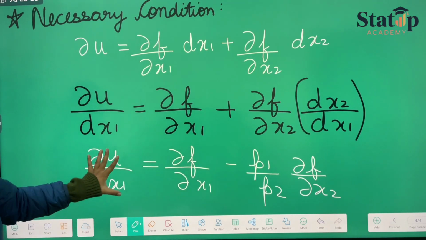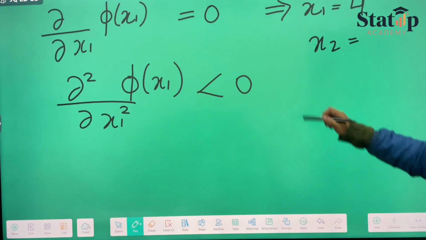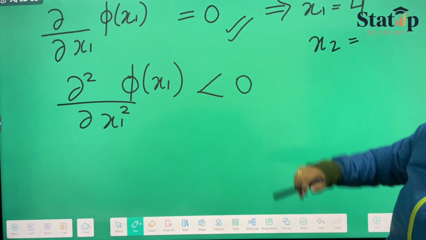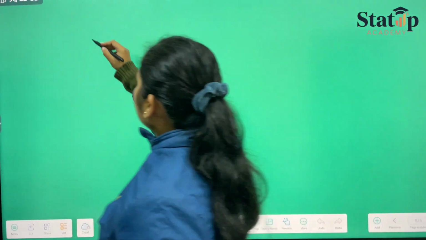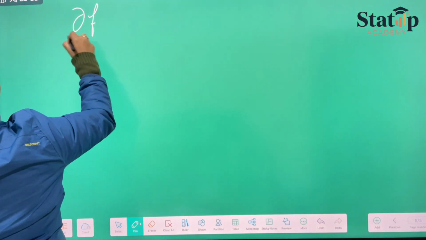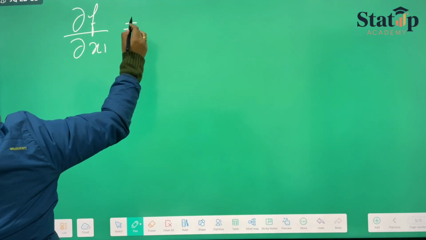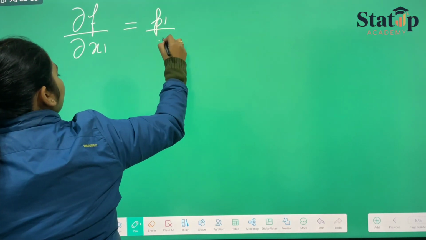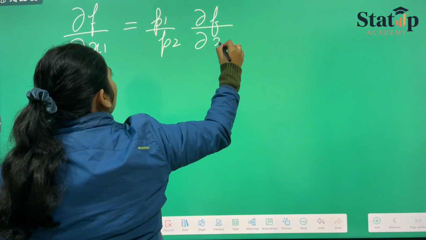Now if we put this value equal to 0, because we had to keep this value equal to 0 to get x1, as we discussed, then we will get delta f upon delta x1 equals p1 upon p2 times delta f upon delta x2.